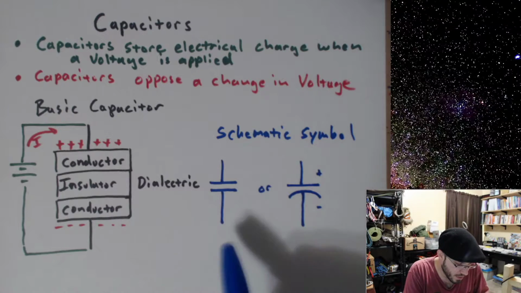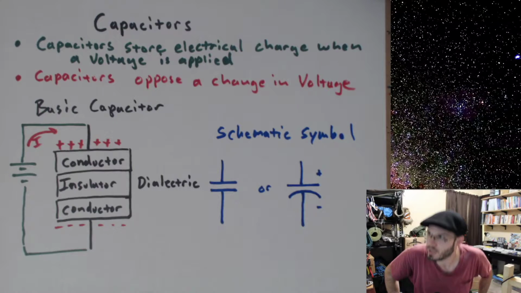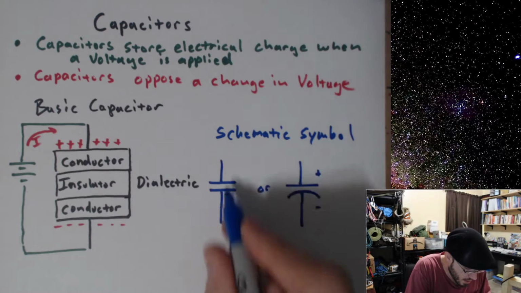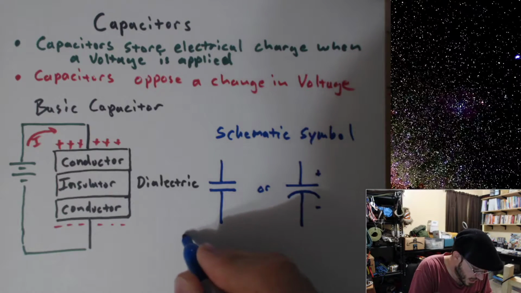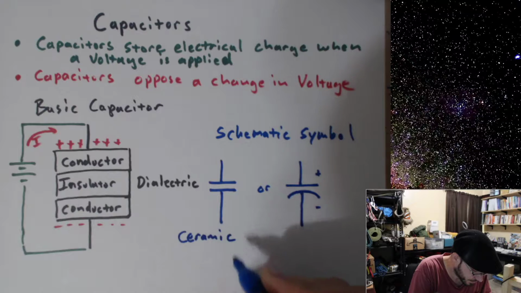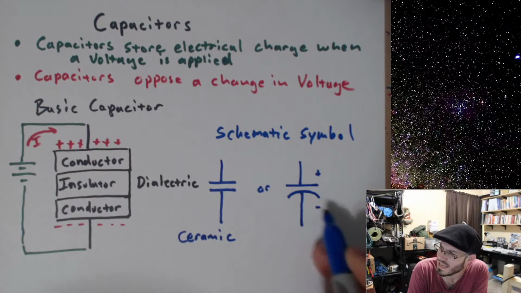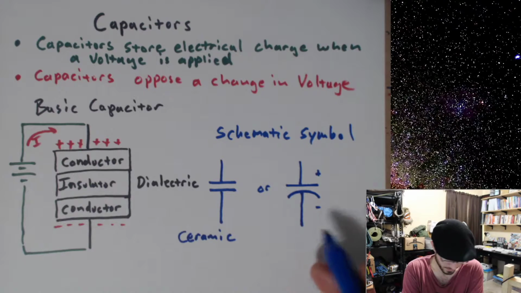Now, these are two different types of capacitors. When you see a symbol that looks like this, generally speaking, this is a ceramic capacitor. And when you see that we have polarity, this is referred to as an electrolytic capacitor.